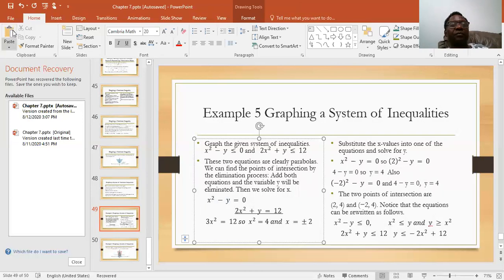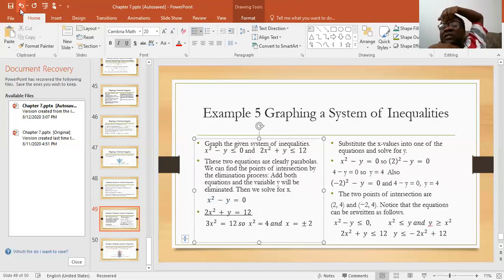By adding the two equations, we have 3x squared equals 12, so x squared equals 4, and x equals plus or minus 2. Those are the x-values of the points of intersection of the two parabolas.